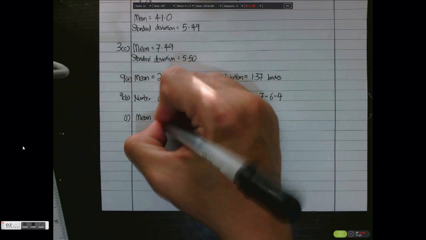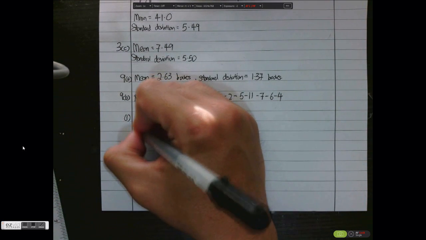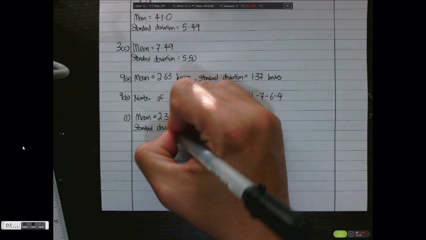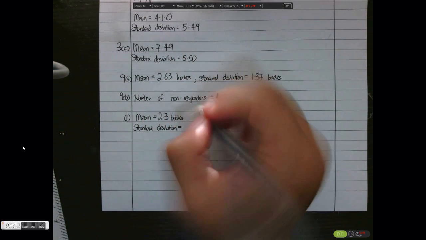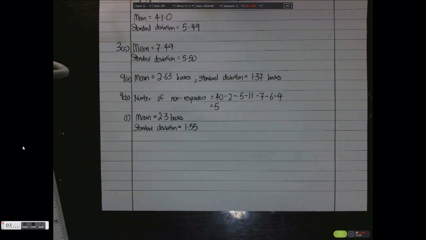And you key in all the data again, and your new standard deviation will be equal to 1.55. This one you can do on your own, so I shall leave it alone. Okay, that's B1 and B2.